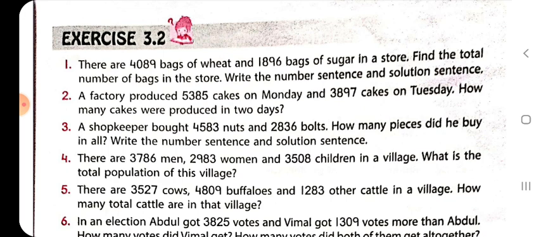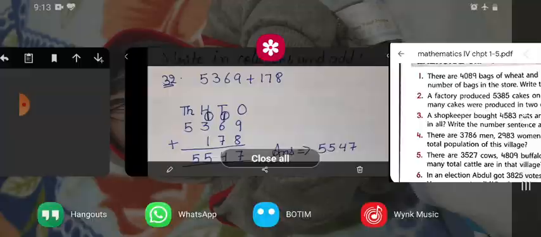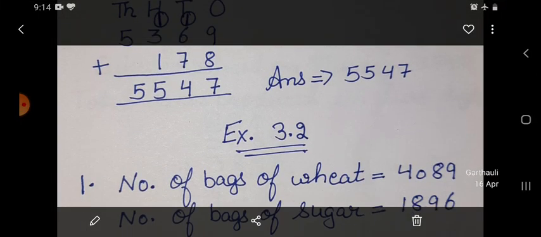We will add the number of bags of wheat and the number of bags of sugar, and then we will get our answer, that is the total number of bags in the store. In the last line, write the number sentence and the solution sentence. So at the end of the solution you will write down the number sentence and the solution sentence of the sum. Let's start with our first word problem of addition.